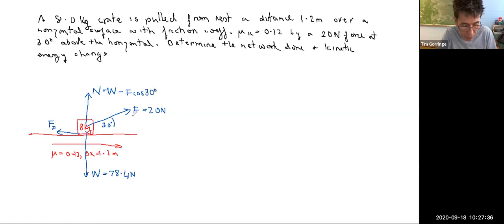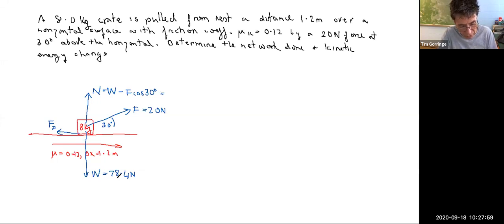And that help that's provided by the force F is its vertical component, which is its force times the cosine of 30 degrees. Cosine of 30 degrees will give this the vertical component of F. And so that's something we have to be careful of in this problem.